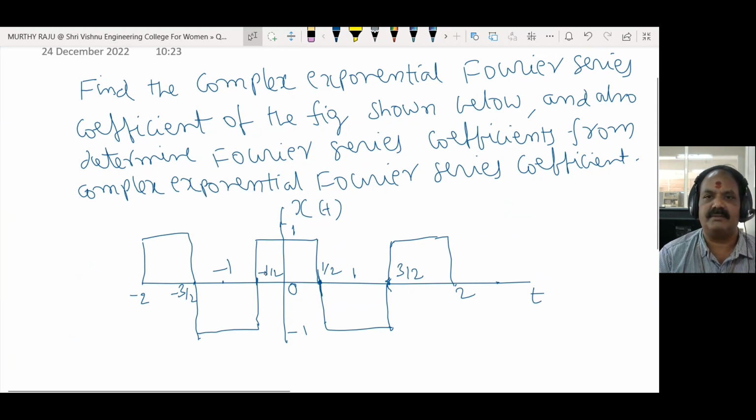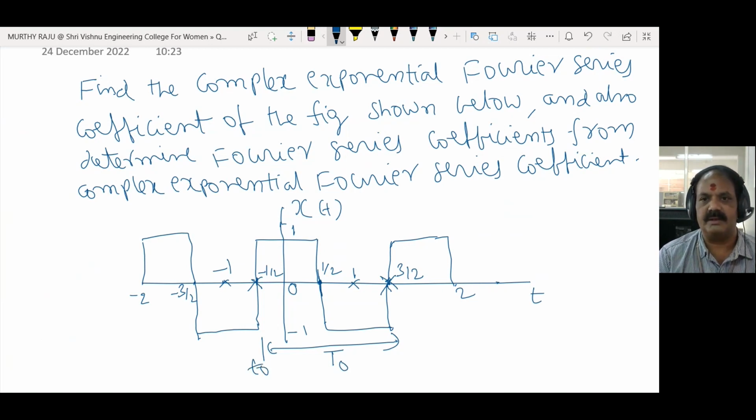First of all, calculate the time period of the waveform. This one is -1/2 to 3/2. The time period of the waveform is T0.